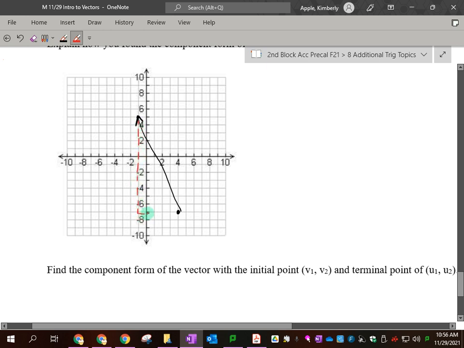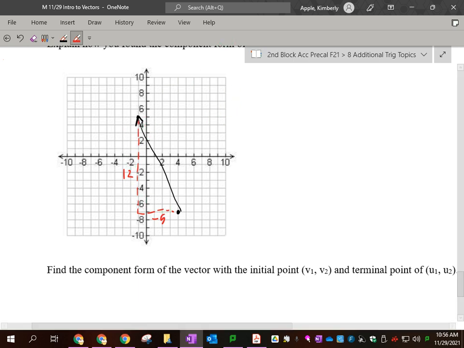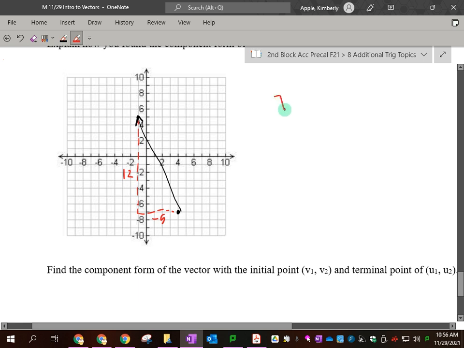you can't find the component form yet, but we can find this. So this will be 12 and this will be 5. So the horizontal change from the initial to the terminal point is 5 and the vertical change is 12. Okay, so what's the magnitude?